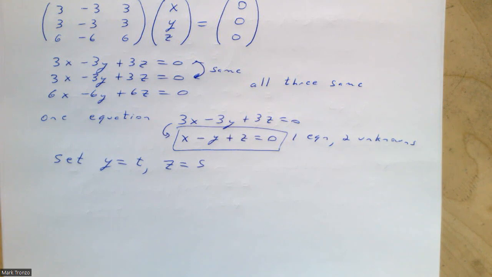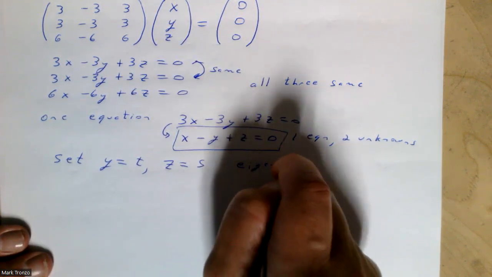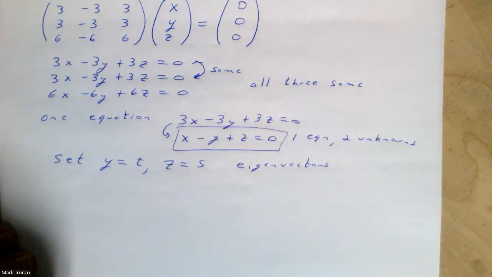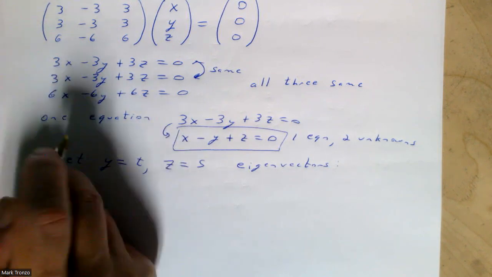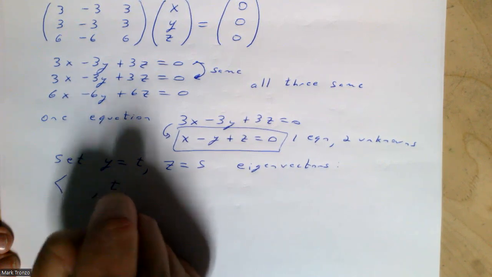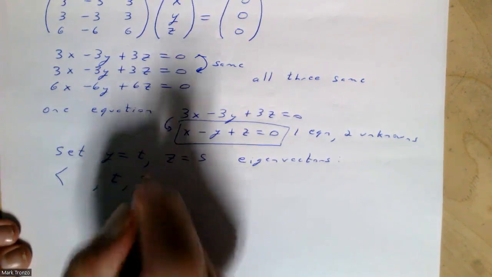So then what does that give for our eigenvectors? Substitute that in here. So we have y equal to t, z equal to s.